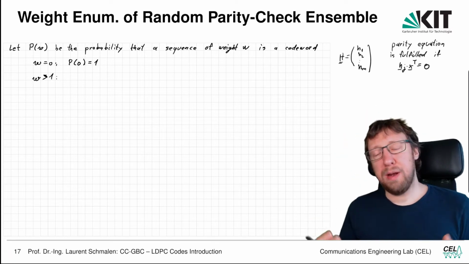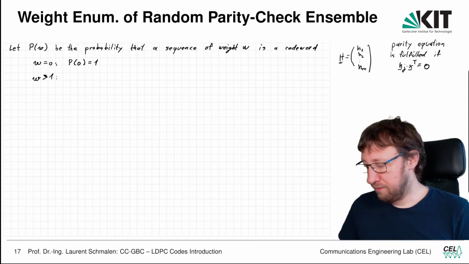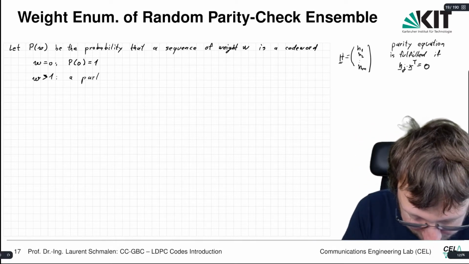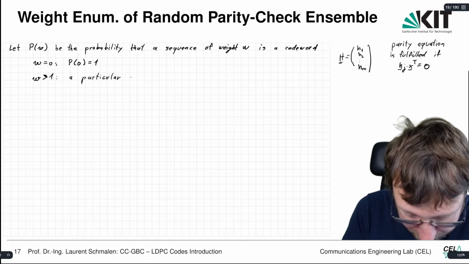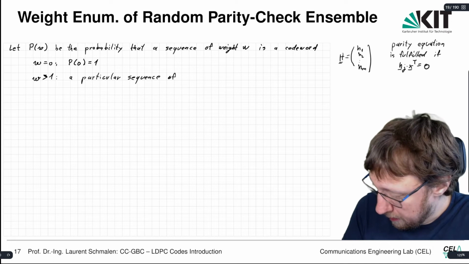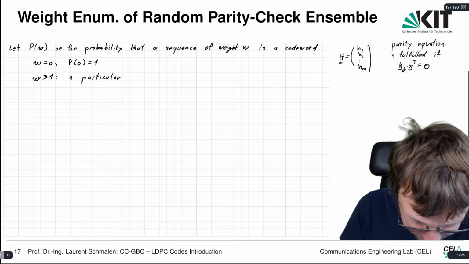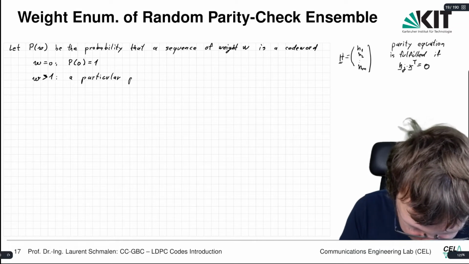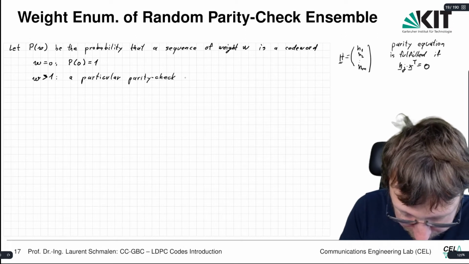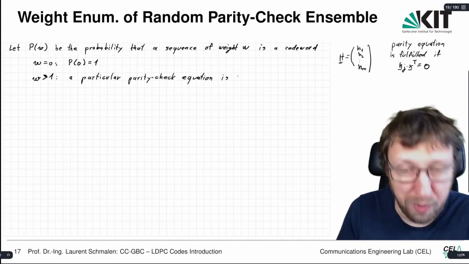So what is the probability that H_j times x transposed is equal to 0? A particular parity-check equation is fulfilled with probability 1/2.